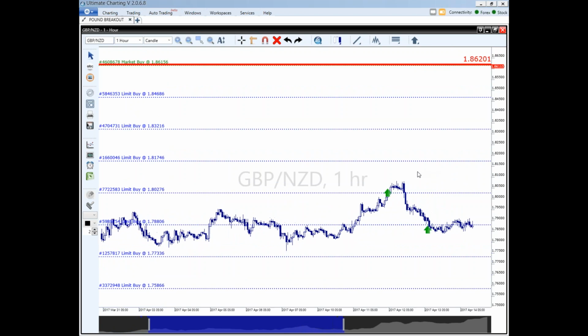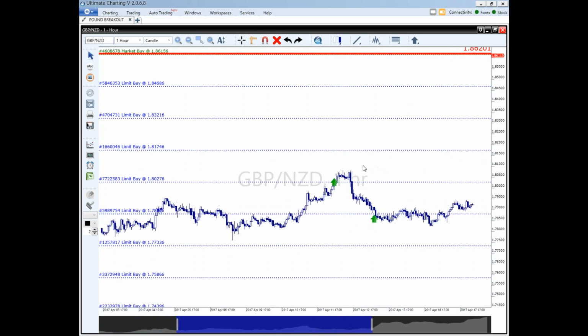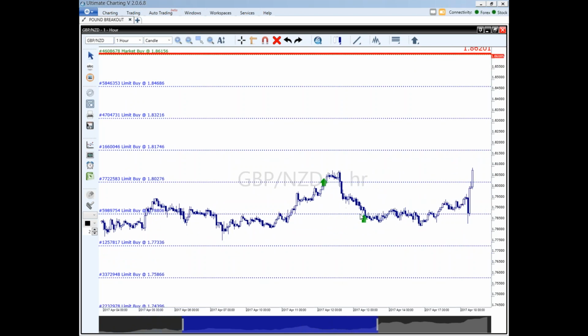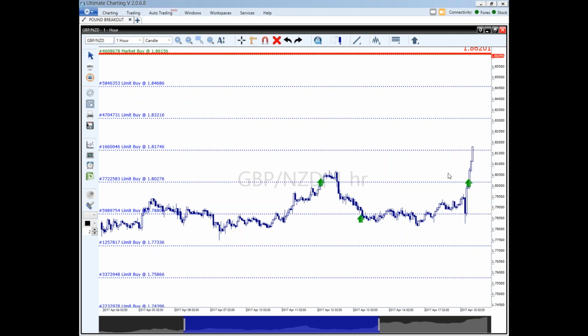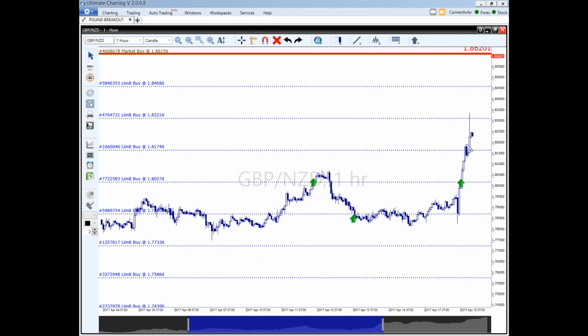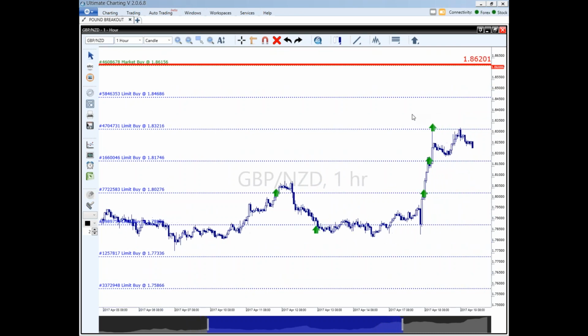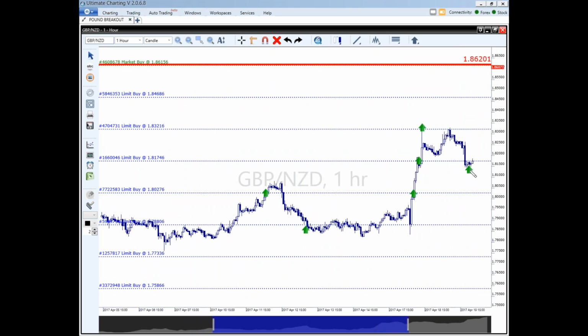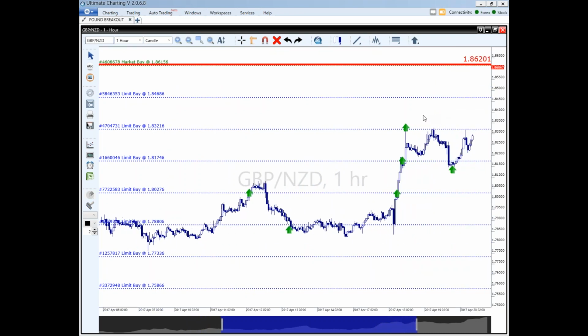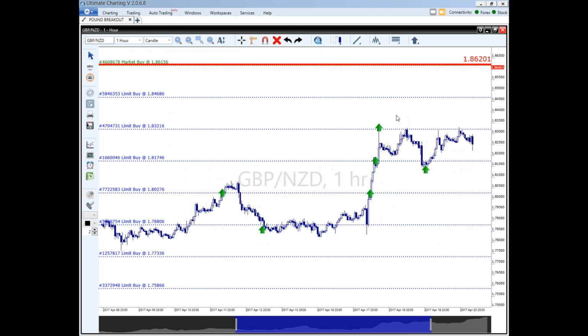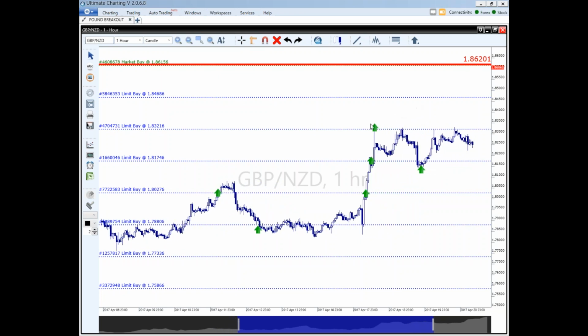We scaled in, and then right there, 147 pips net for those two, sized in. That would have been here net 147 pips. So we've been sized in once again right here.